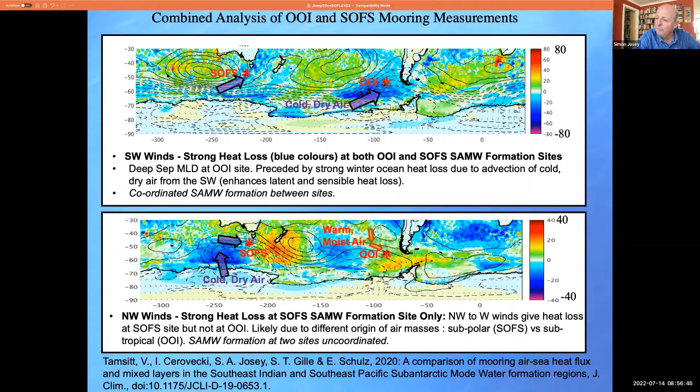Because I was aware of the work by a Norwegian guy, Lukas Papritz. Do you know? Papritz, yeah, I know Lukas. So he did some work on freshwater fluxes and association with cyclones a few years ago, which I found very interesting. And I should say, the North Atlantic is my main field of research. That's what I'm normally doing. And I did a paper with Helen Dacre at Reading.